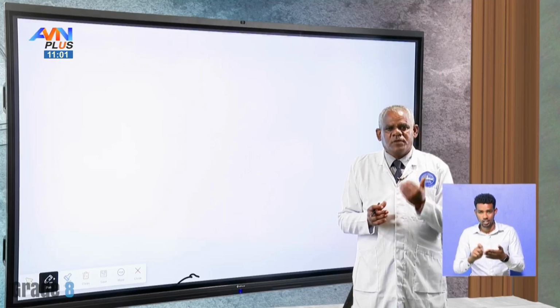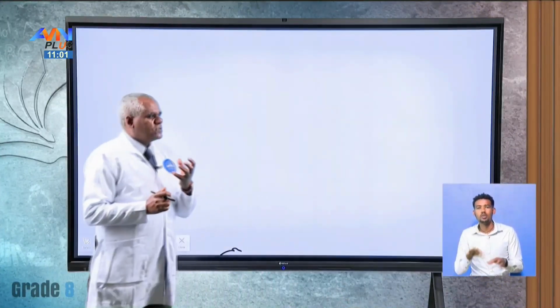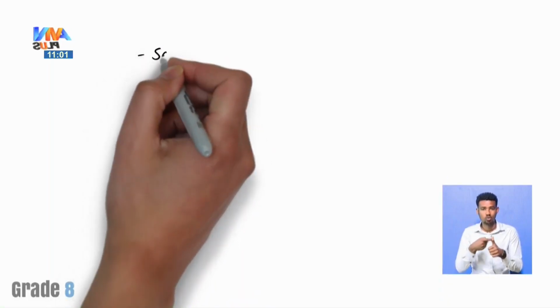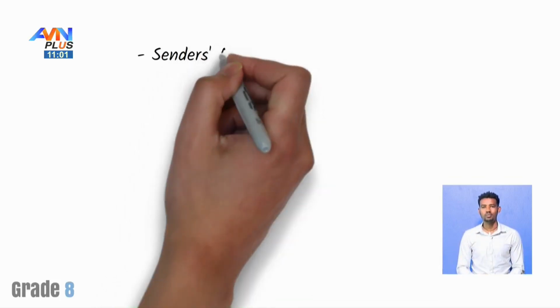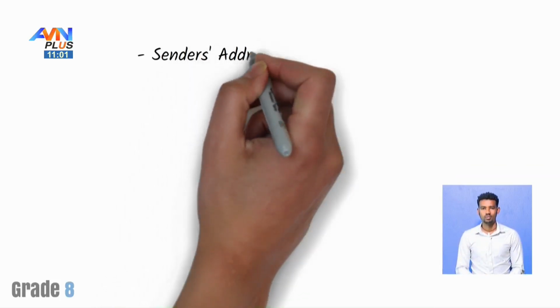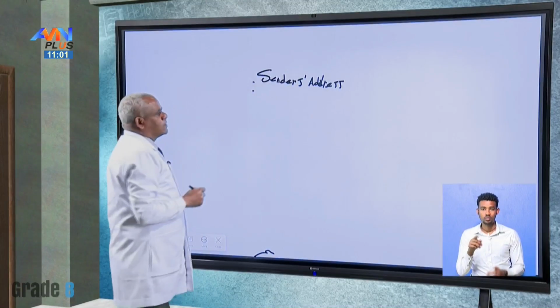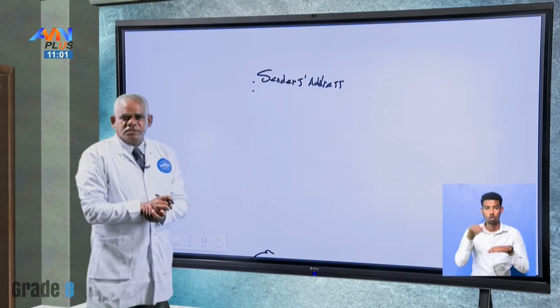To remind you of some points you have to bear in mind, the first one is the sender's address. It should be written at the top of the friendly letter.